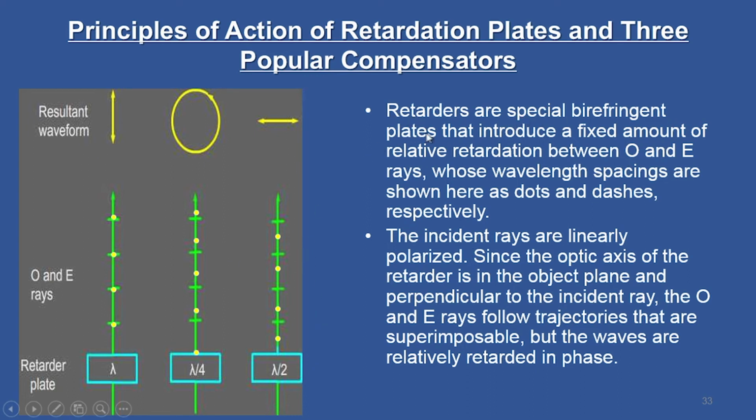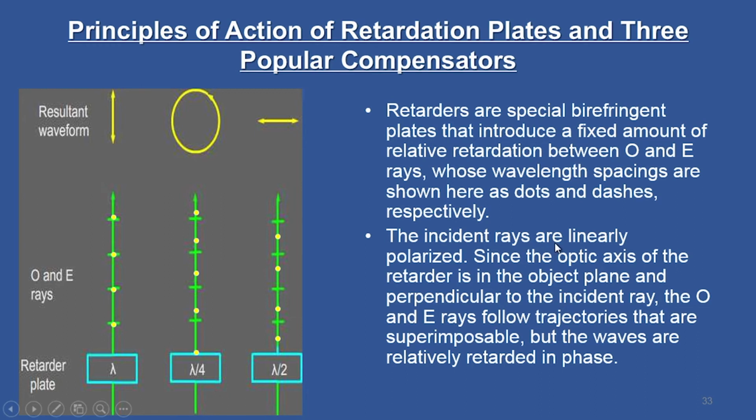Retarders are special birefringent plates that introduce a fixed amount of relative retardation between ordinary and extraordinary rays, whose wavelength spacings are shown here as dots and dashes respectively. So, here dots and dash, this is the wavelength of extraordinary and ordinary ray.